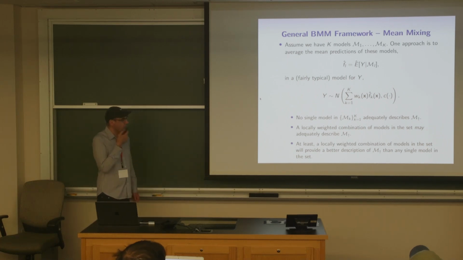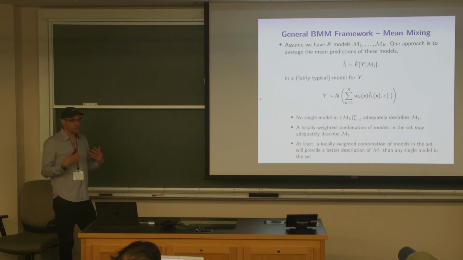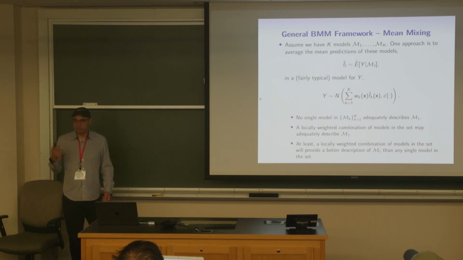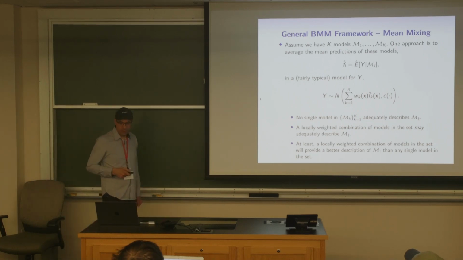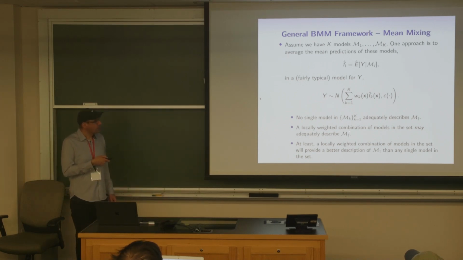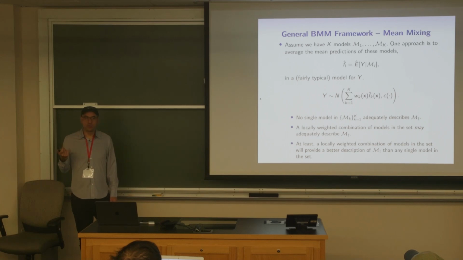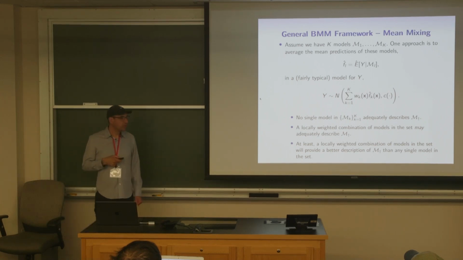So in this setup, we're trying to relax those constraining assumptions of, say, BMA or classical approaches, in that we're saying there's no single model in our set that adequately describes that unknown m-Dagger or f-Dagger that we'd like to learn about. But we hope that a locally weighted combination of these models may actually represent that unknown m-Dagger really well.